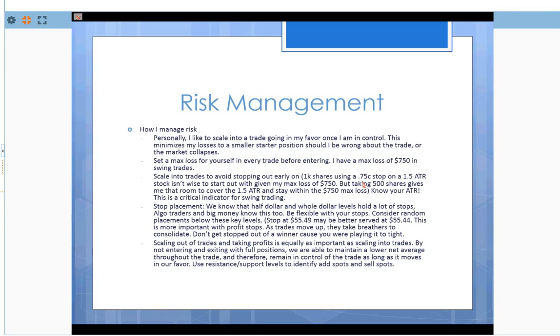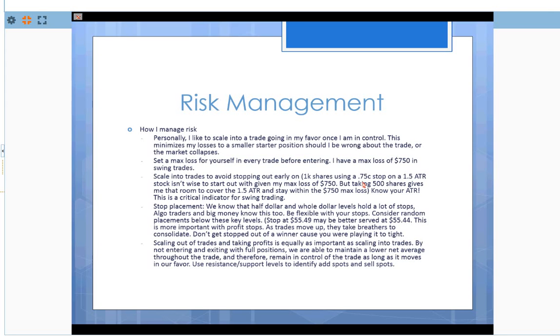So how many times have you ever set a stop on a trade at 0.99 right into the whole dollar, only to have it come down to 0.97 before it rips and moves back to the upside? You're out of the trade, and what ended up being a winner was a loser or a flat trade for you because of bad stop placement.